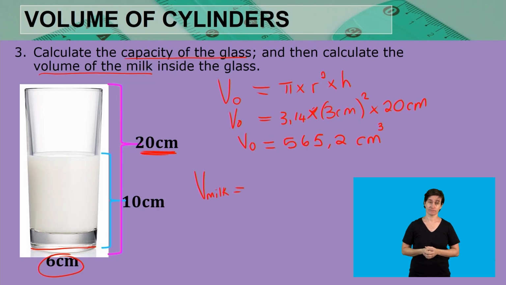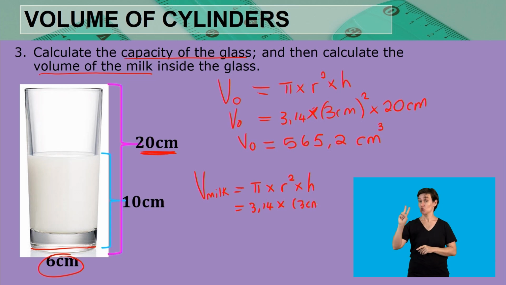And that, because the milk is inside the glass, we are going to still take the same formula for the volume of a cylinder. That is pi multiplied by r squared multiplied by the height. That is going to be 3,14 multiplied by the radius, which is still 3 centimeters squared, and we are going to multiply that by 10 centimeters.